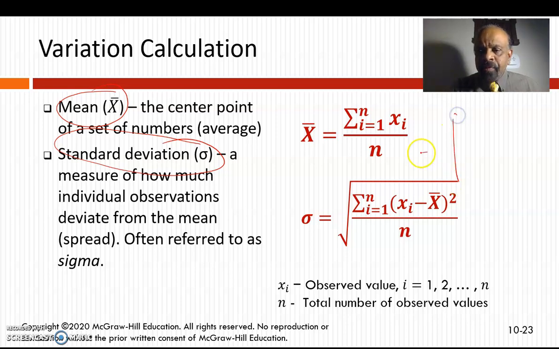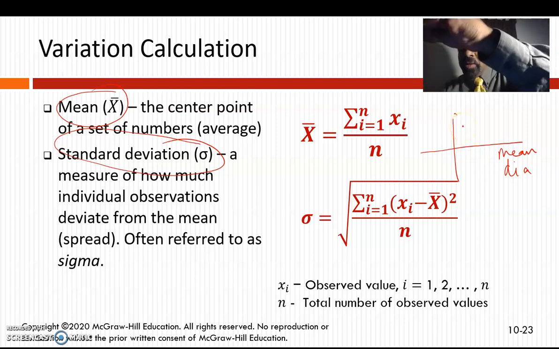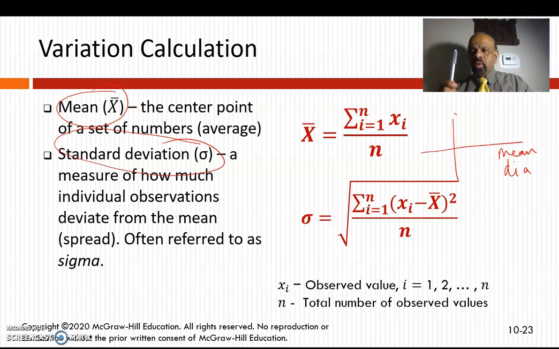So if this is the mean of, like, a diameter of the pen that I have, I might take the first observation. I'm going to take the pen, and I'm going to put a caliper here and look at the diameter. I get this point here. Then again, I go down and measure this, and I get it here. Then I get one maybe here.